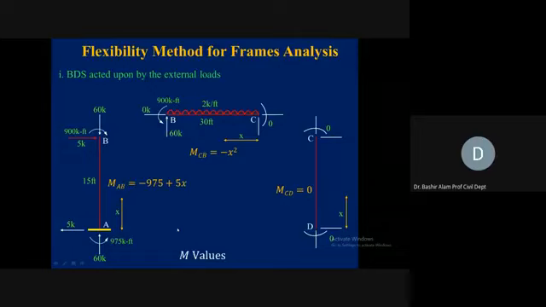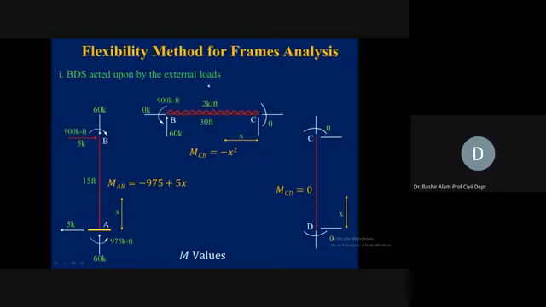But now we look at the moment, because support A, a fixed support, can resist the moment also. So let's take the moment about this point A, MA, and MA will be the balancing resisting moment. It will be equal to 2 times 30.